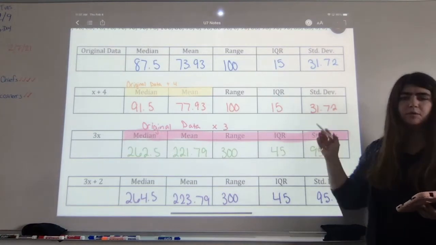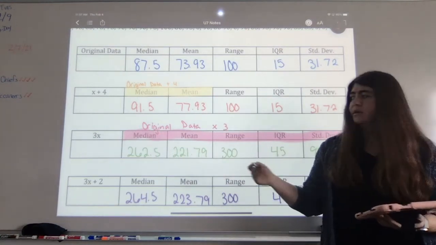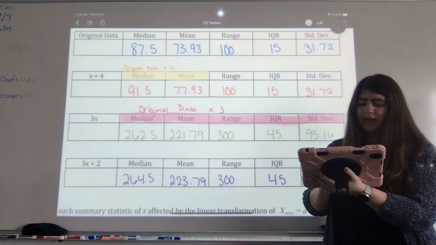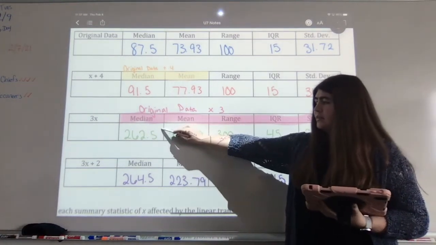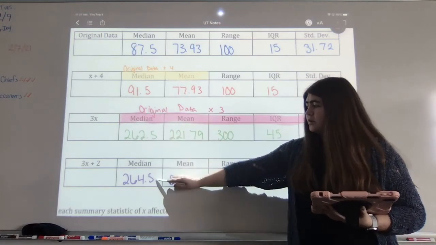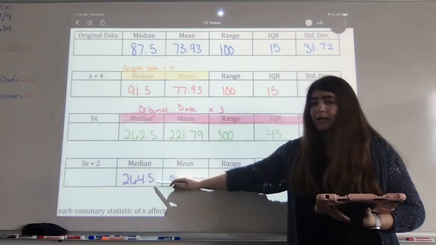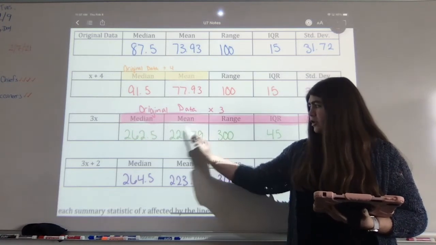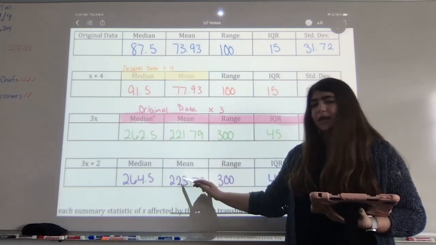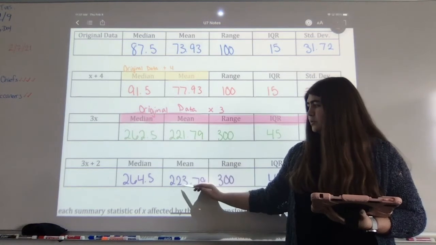But what happens when you multiply and then add? So if we look at our last data set here, we have times 3, and then to get from that median to this median, we add 2. And to get from this mean to this mean, from just multiplying by 3 to multiplying by 3 and adding 2, you add 2.